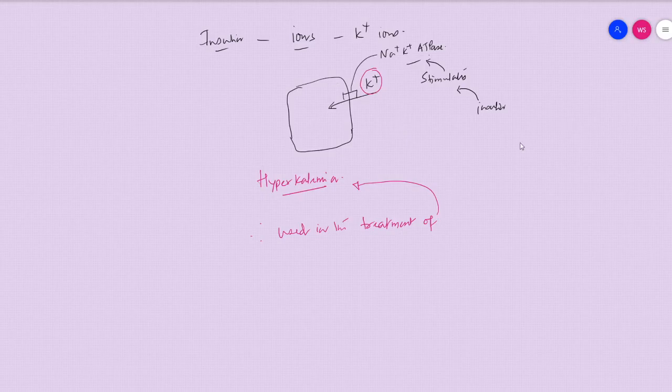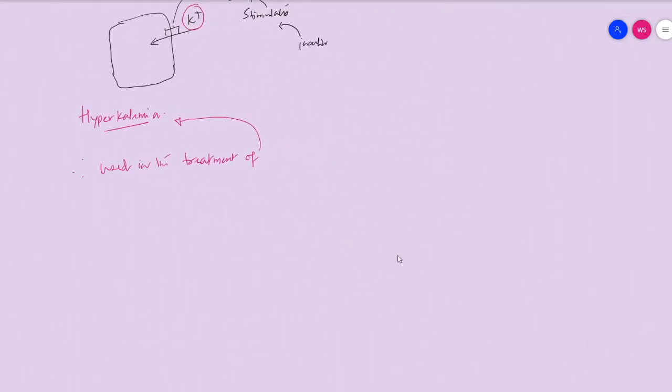But mind you, if you're trying to treat hyperkalemia in a non-diabetic patient, and you give insulin, what is going to happen? It can cause hypoglycemia in the patient.